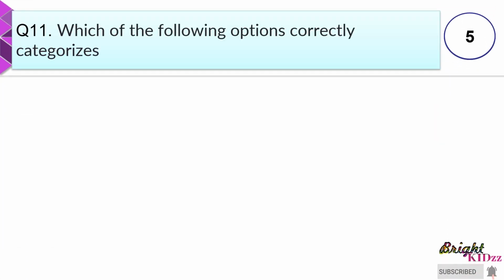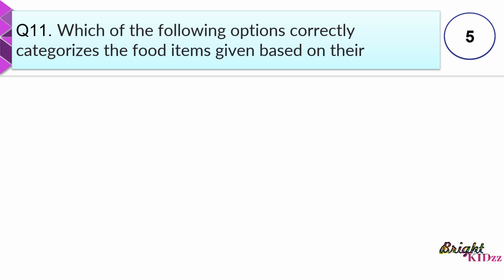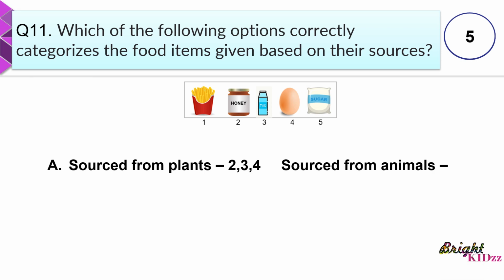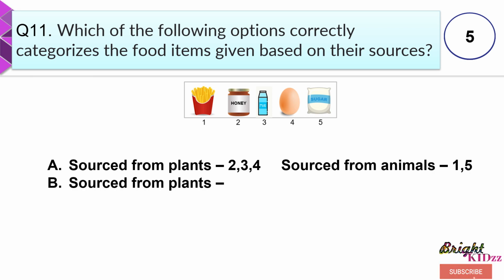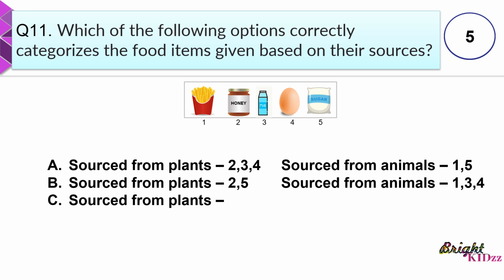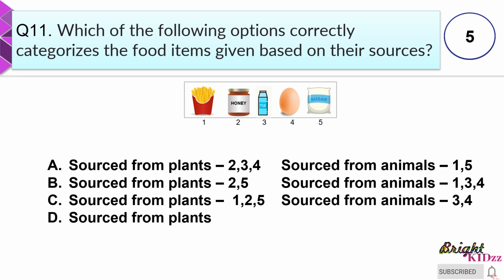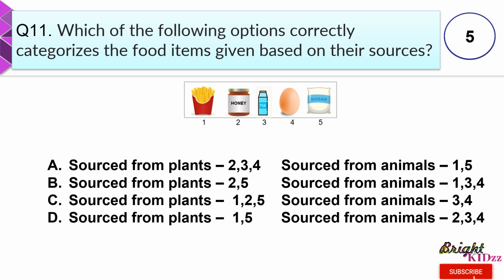Which of the following options correctly categorizes the food items given based on their sources? We have to select whether the items are sourced from plants or animals.